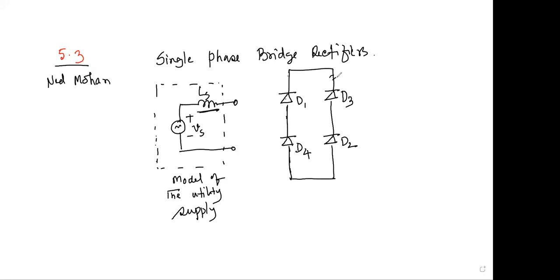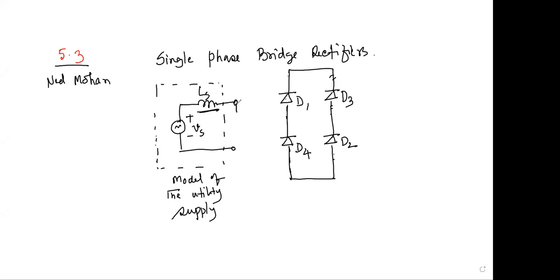You draw it and name the diodes: this will be D1, this D2, this D3, and this crosswise D4. That will give you the idea of how the current will flow through the diodes.